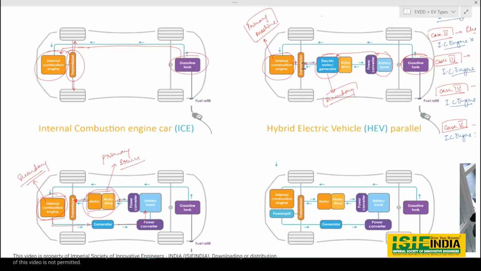If initially you want extra acceleration, you can use the motor to assist the engine. So these things can be done. In the case of a series hybrid, the major advantage is that you can save more fuel by using the IC engine only to recharge the battery pack.